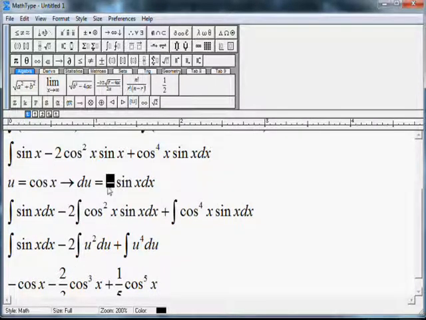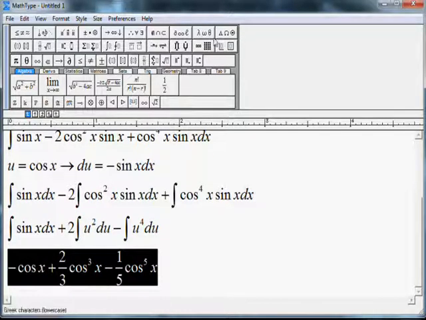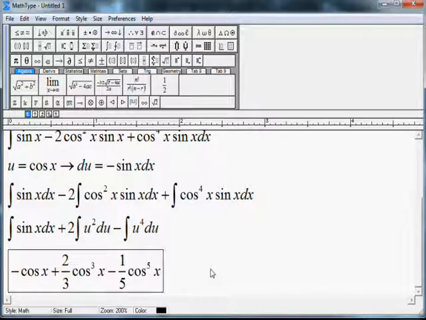Remember that this is negative sine. So when we make the substitution into the u world, these have to flip signs. That's super important, and people forget it, obviously, because I did. There. This is the correct answer. Double check. Oh, no, it's not. Plus C. Now it's the correct answer.